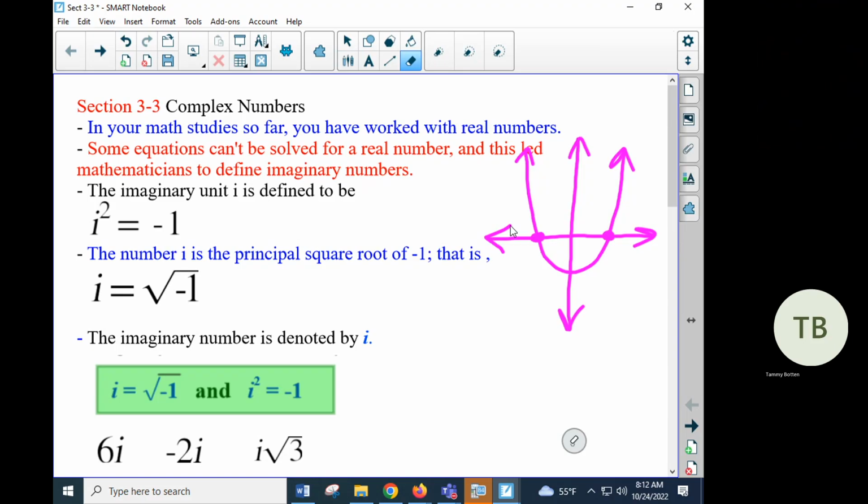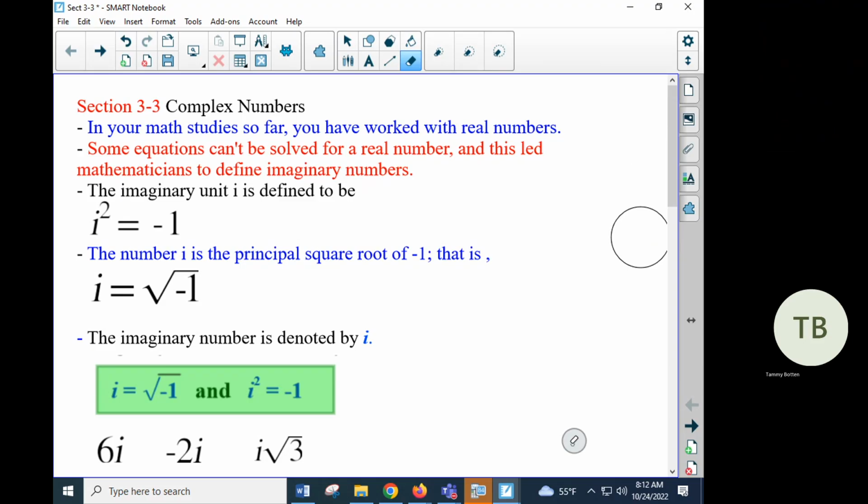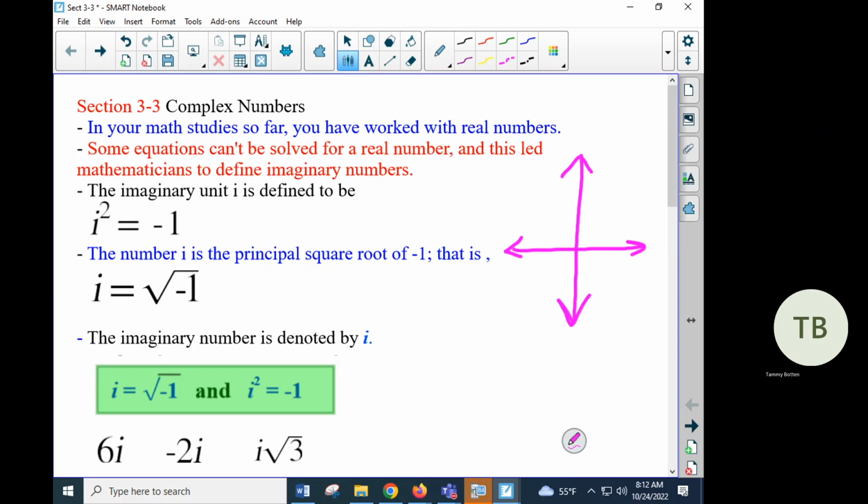But there are times, like that would be real number answers. But there were times that we had a situation where our graph did not touch the x-axis and it looked more like this. This is where you would have an imaginary solution, okay?